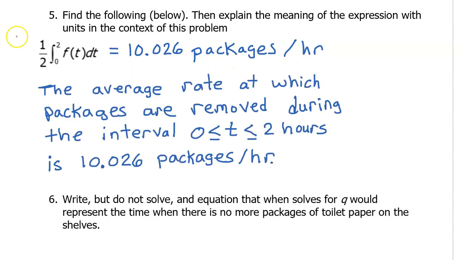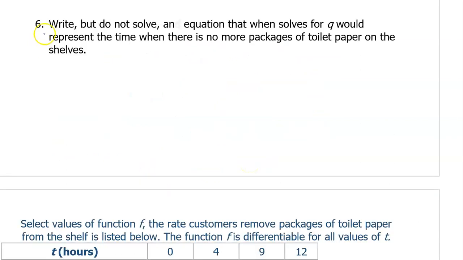So the average rate at which packages are removed during the interval from 0 to 2 hours is 10.026 packages per hour.